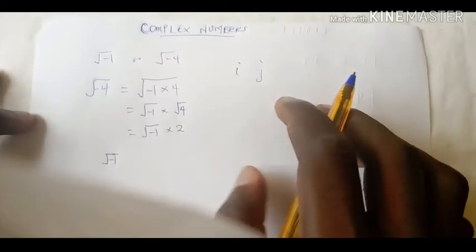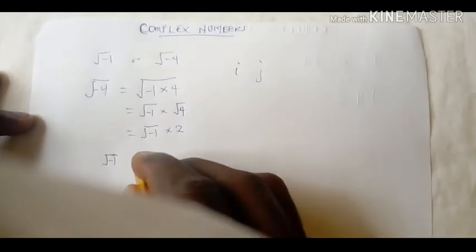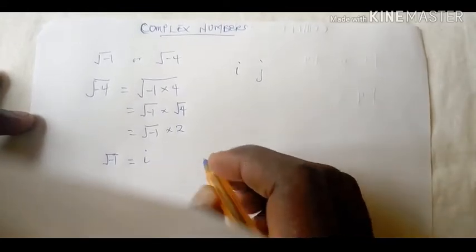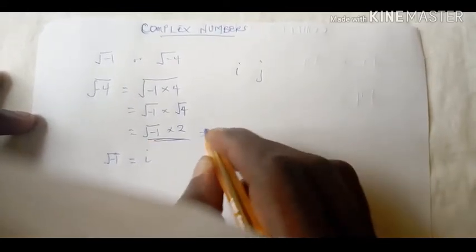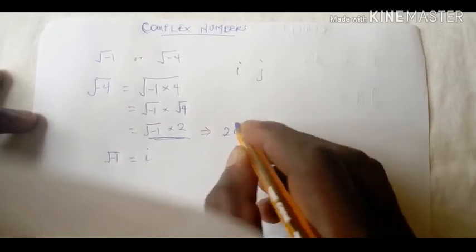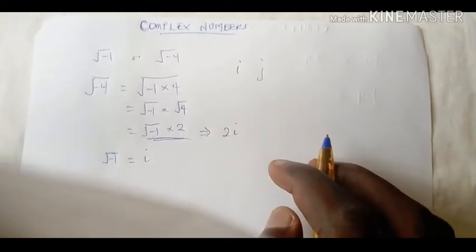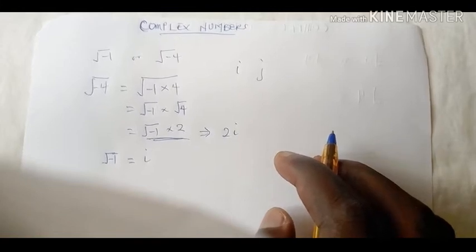So we represent the square root of -1 by the imaginary unit i, and with this we can write this as 2i. It makes it look neater.